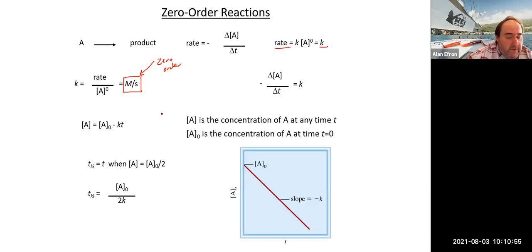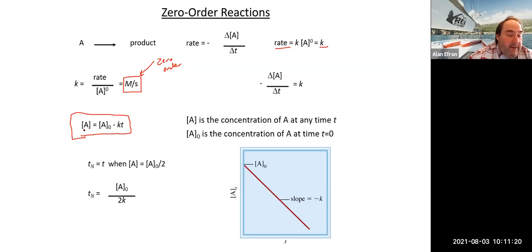So for first order, 1 over seconds for the rate constant tells you it's a first order reaction. For a second order reaction, 1 over molar seconds. And for a zero order reaction, if you have molarity over seconds for the rate constant, that tells you it is zero order. It also has an integrated rate law. It looks exactly like our first order, except there are no natural logs.